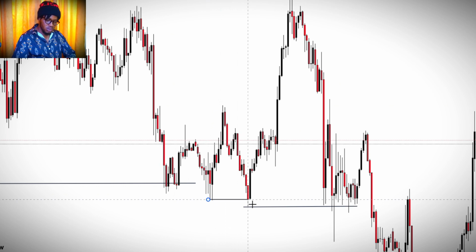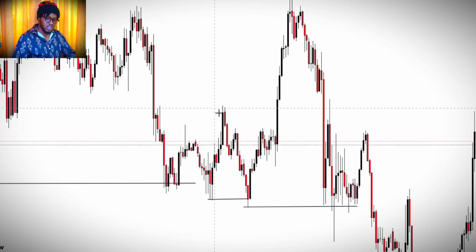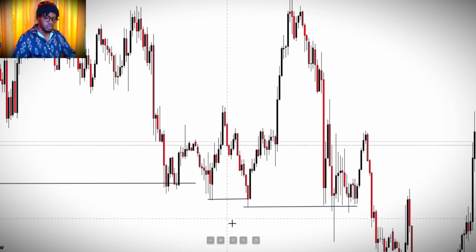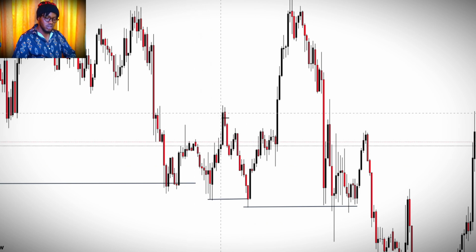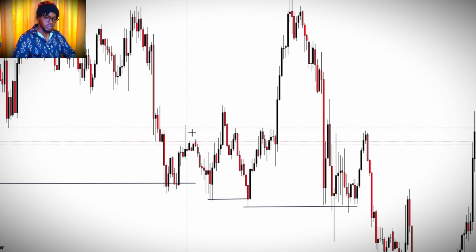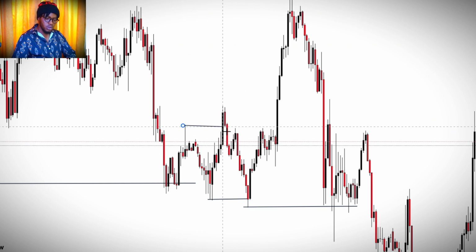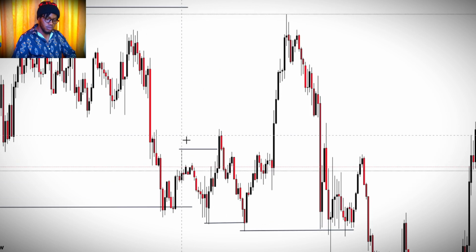This low here is definitely lower than this low, and price is now closing above this high here. I don't know if you can see this clearly, this high. So this is the shift of structure, and this is a break of structure.